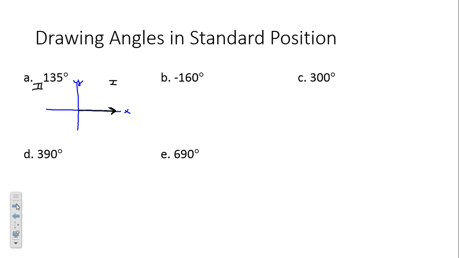What is 135 minus 90? 45. So is it closer to 90 or closer to 180, or halfway in between? Halfway in between, right? Okay, so it's going to be a little halfway in between guy. And then we just draw a little arrow to say, hey, this is how far we rotated. We took our terminal ray and we rotated it 135 degrees.